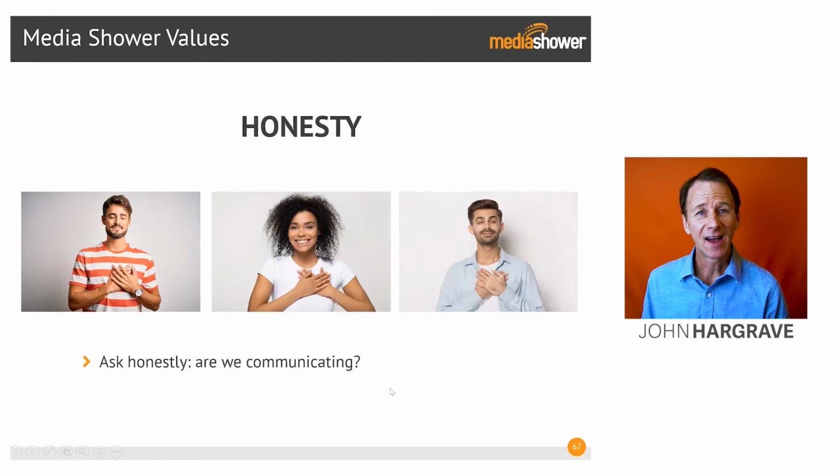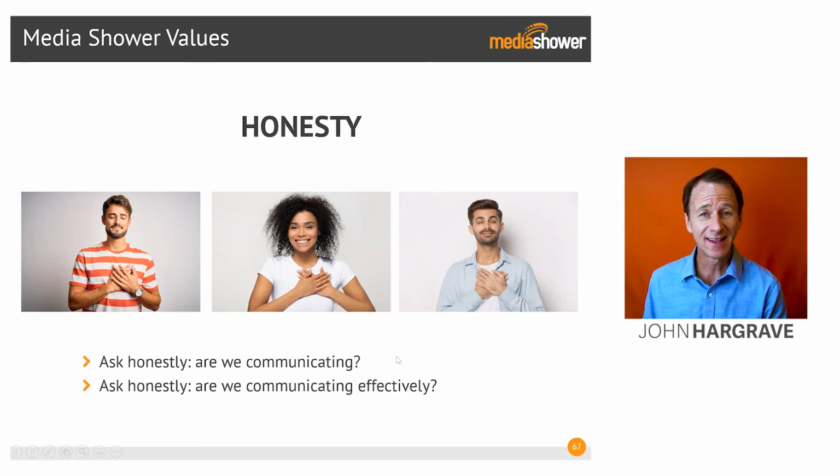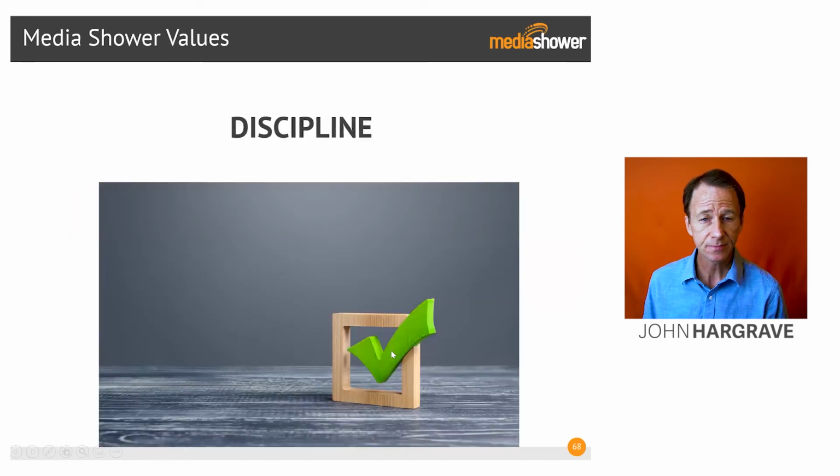Honesty, asking the difficult questions. And we want to ask the difficult question as we look at this assembly line. Are we communicating? If we're not getting content through the system, we're not communicating. And if it's not good, then we're not communicating effectively. So again, we always want to be monitoring both quantity and quality of what's coming through the system.